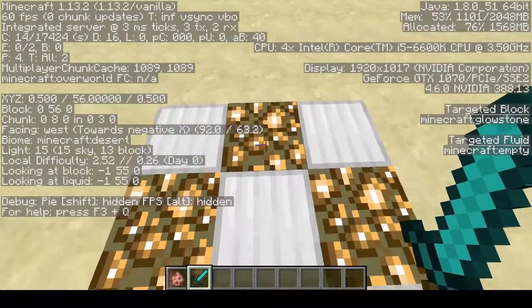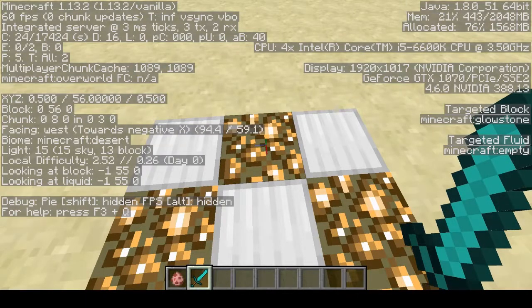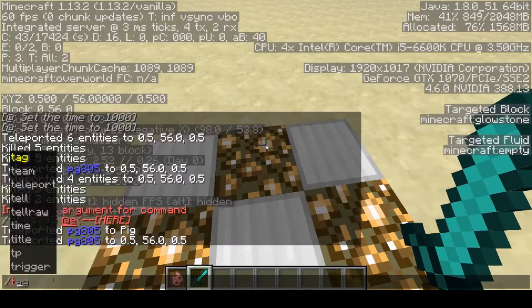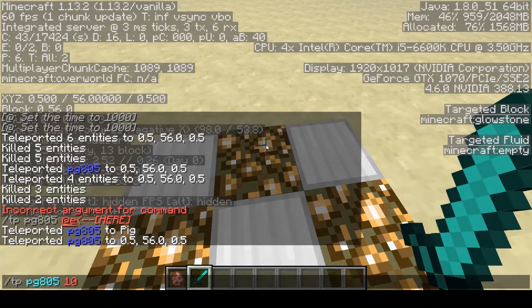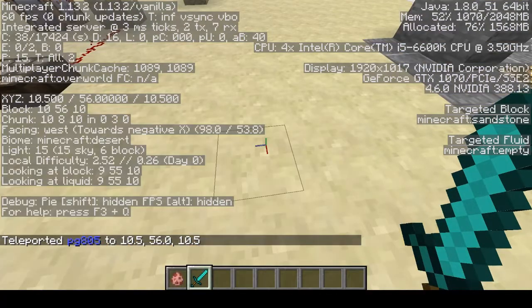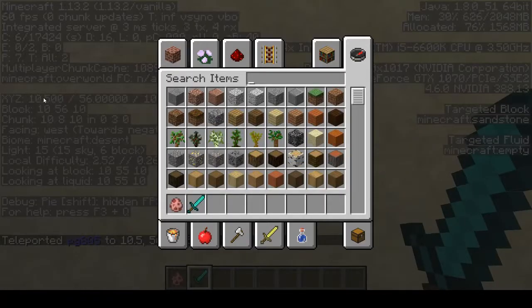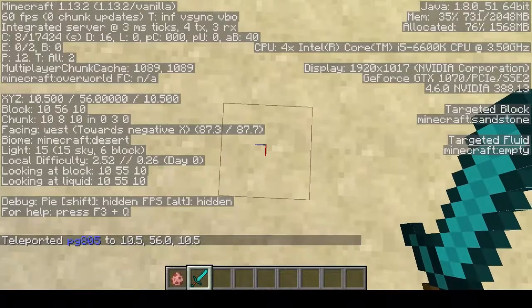Now, why is that? Well, when using the teleport command, if you put in integers, then it's going to assume you're using the block grid. So, for example, if I do /tp 10 56 10, it teleports me to the block 10, 10. But it tries to put me in the center of the block, so it does 10.5 and 10.5 here.